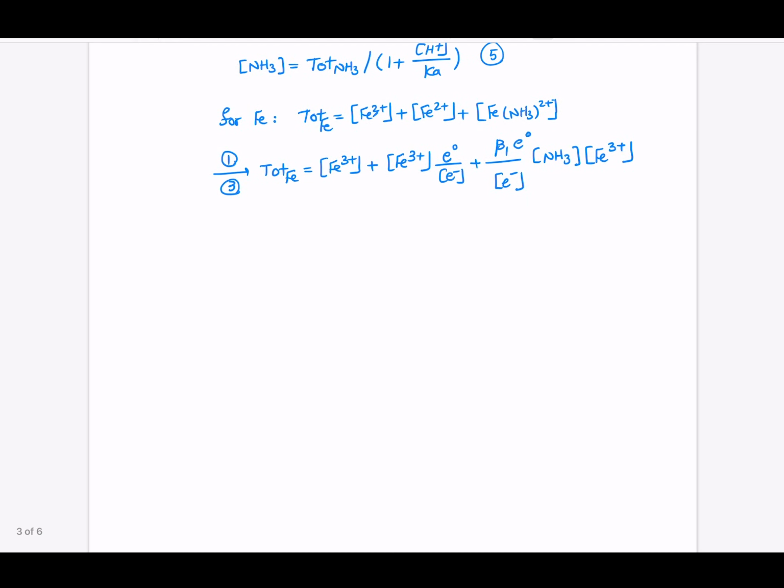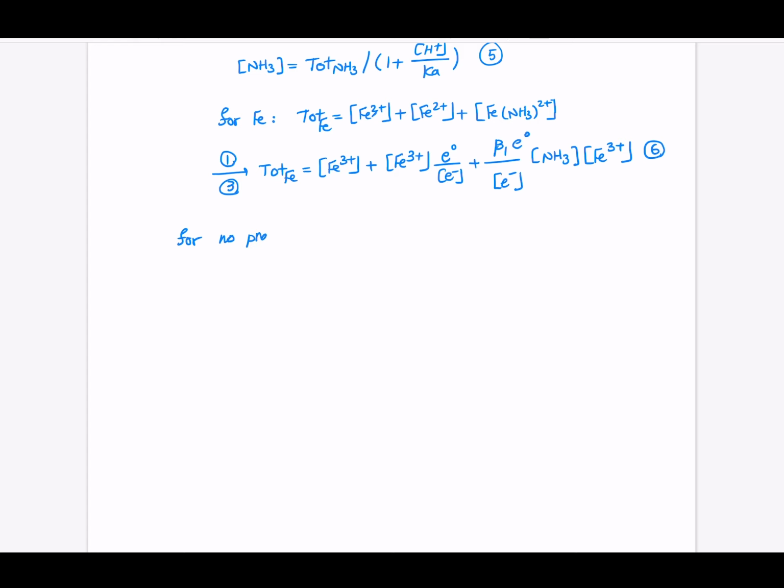Because we're also dealing with possible precipitation, we have to consider precipitation. The strategy was defining two scenarios. For no precipitation, this NP scenario, we can use equation 6.